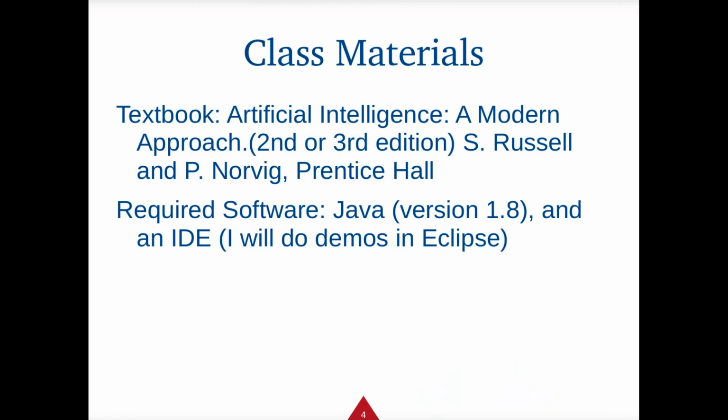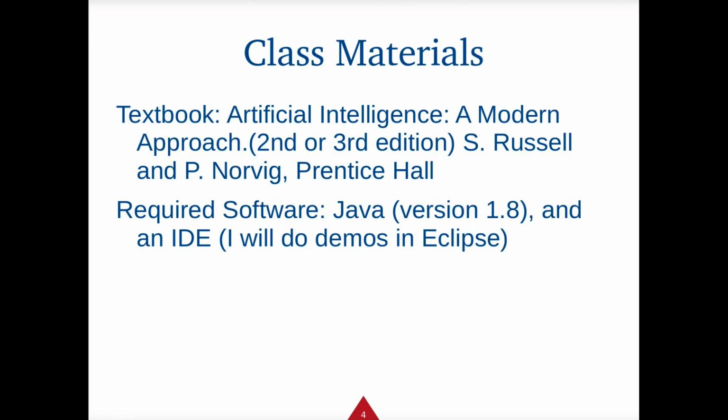For this class, we're using an older book. It's Artificial Intelligence: A Modern Approach by Russell and Norvig. It's a pretty good book. It has a lot of basic concepts in it, and we'll delve into that for most of this class. I recommend for the assignments that you use Java, and I'll be doing the programming demos in Eclipse. So if you want to follow along, you might want to get Eclipse.